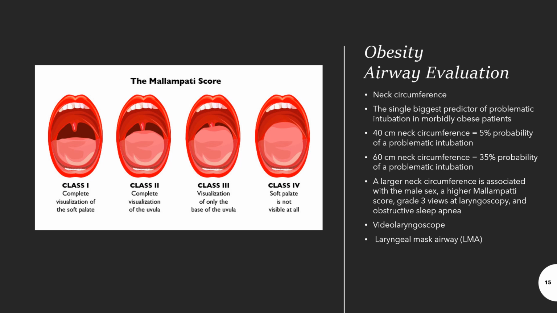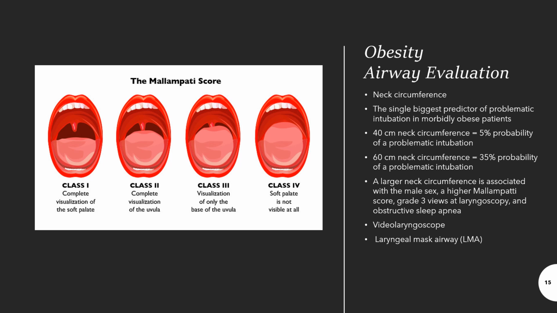And some of the other key factors you've got to look for: most males have big necks. Also, a higher Mallampati score is a very, very important part. Anyone who has a history of obstructive sleep apnea is another factor. So with those cases, you really want to determine a Mallampati score.